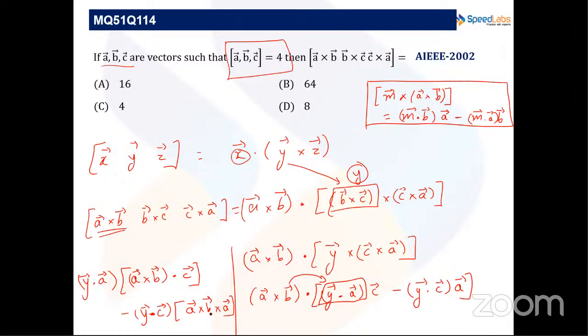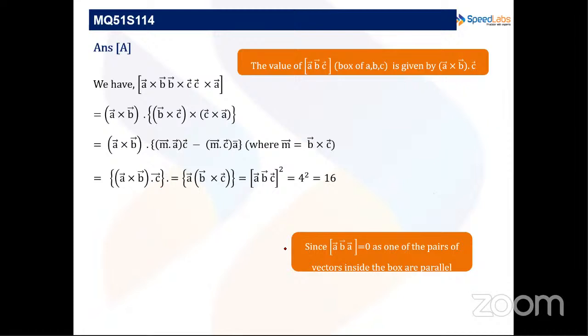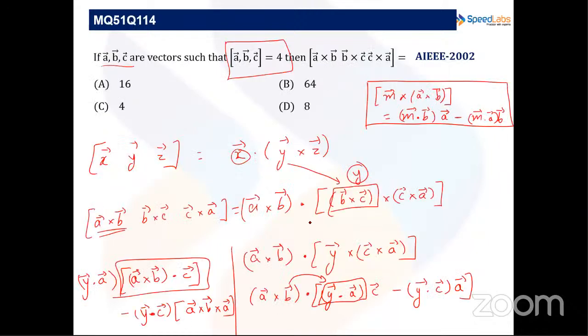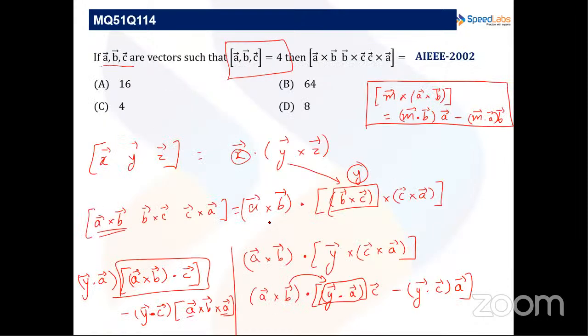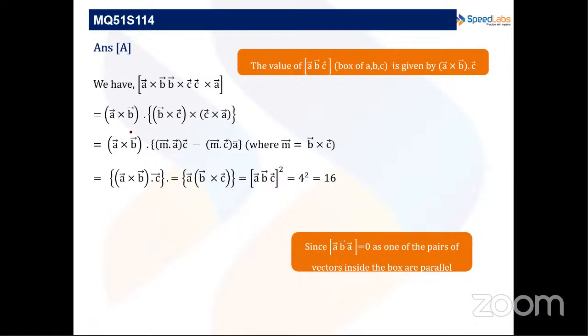Okay, this quantity we are already having. And this, if we are doing the cross product and two vectors are the same, so from this we can see here that in place of y we are having m here.